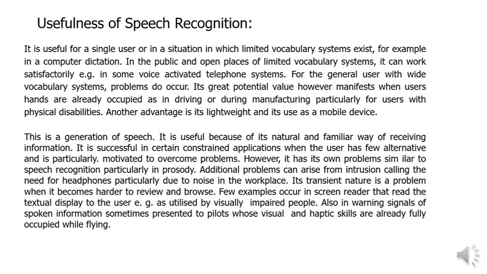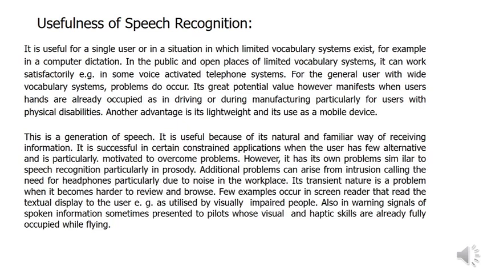For example, in computer dictation, and in public and open places with a limited vocabulary system, it can work satisfactorily, e.g., in some voice-activated telephone systems. For the general user with a wide vocabulary system, problems do occur.